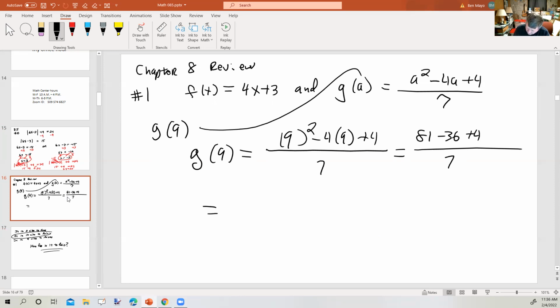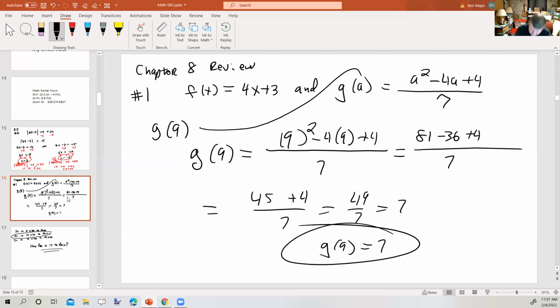Let's see, 81 minus 36 would be what, 45? Is that right? Plus 4 over 7, which is 49 over 7, which is 7. So g of 9 equals 7. So final answer 7. Again, even though this may be true, we don't use it in the problem. All right, any questions about that?